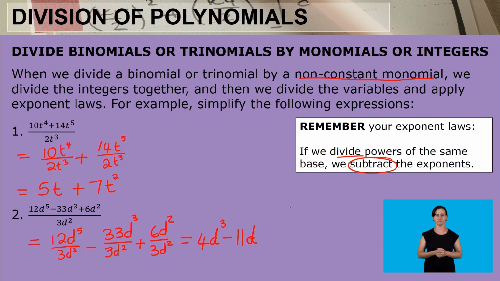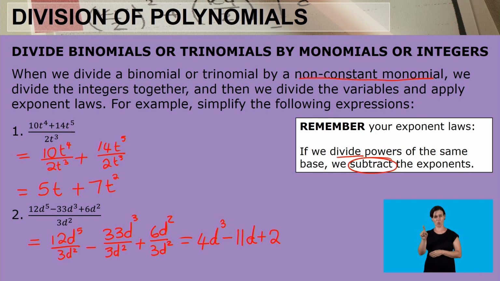And lastly, we are adding here, and we have 6 divided by 3. 6 divided by 3 is 2. And because we are dividing these same powers, we can use the exponent laws, where we are going to say 2 minus 2 is 0, which is going to give us 1 in the end.